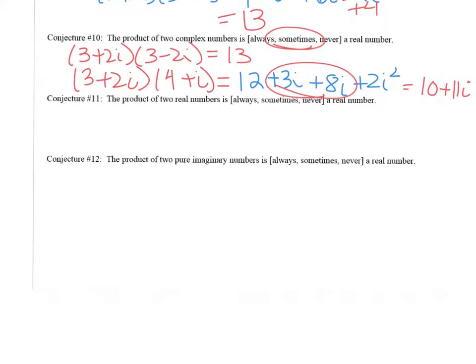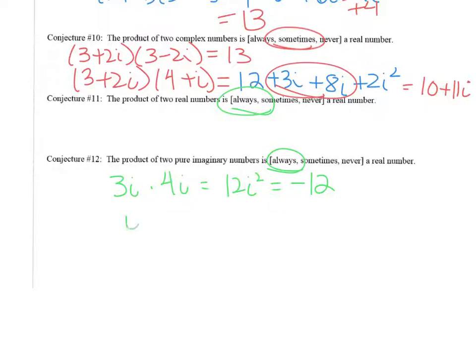For 11, the product of two real numbers is always a real number. And for 12, the product of two pure imaginary numbers is always a real number. So pure imaginary is like 3i times 4i. That is 12i squared, which simplifies to negative 12.